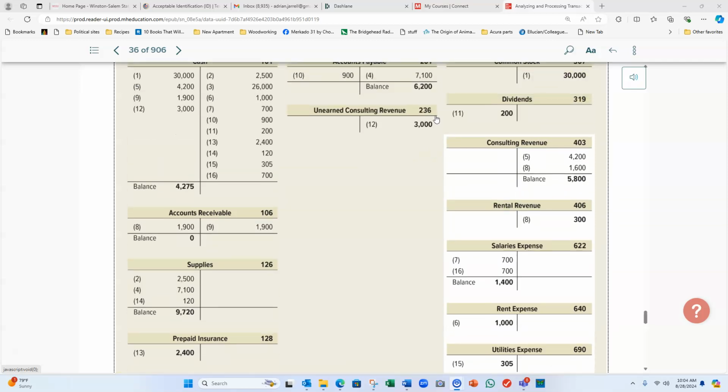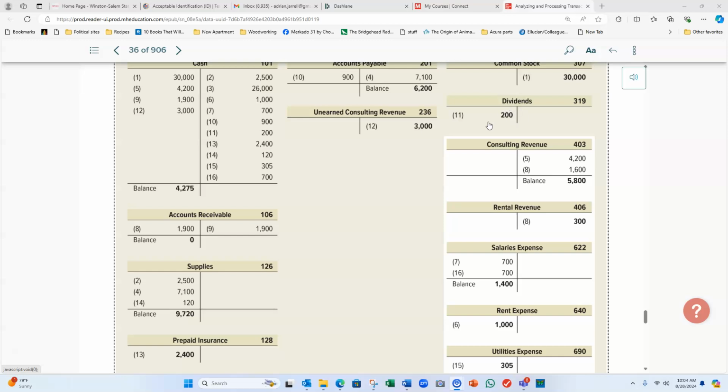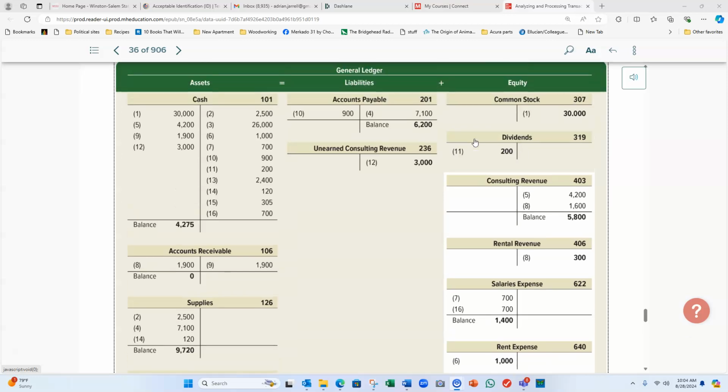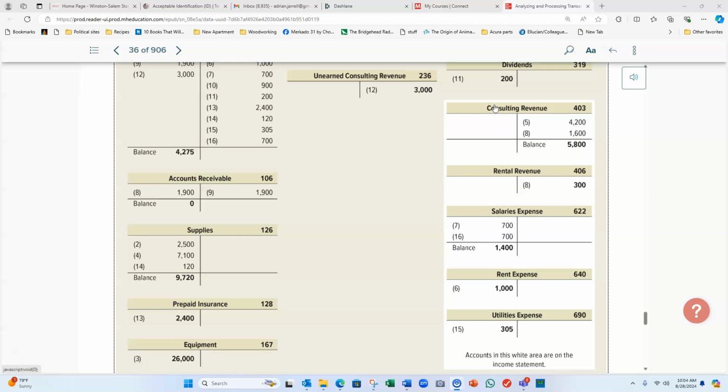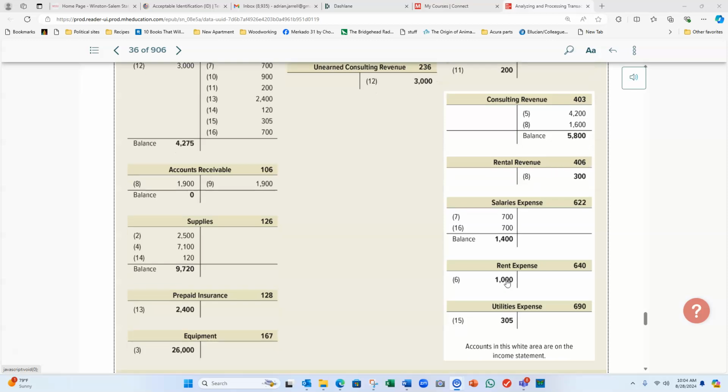And the 300s would be dividends, common stock, retained earnings. The 200s would be liabilities, and the 100s would be cash. So the income statement is only revenues, the 400 section of account numbers, and the expenses, anything above 400. Add up the revenues, subtract the expenses from it, and that gets you your income statement.